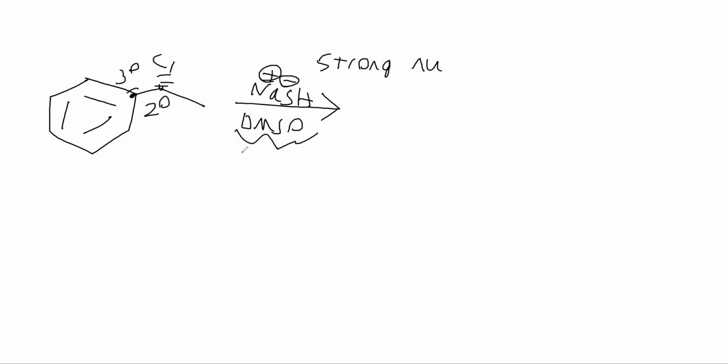Yeah, DMSO is an aprotic solvent. And again, don't memorize the structure, but this is a weird abbreviation, so you can remember that the weird abbreviations are usually aprotic. So a strong nucleophile and an aprotic solvent are factors that favor an SN2 reaction. Again, this could probably do E2 as well, but we're just going to go with SN2 for now.